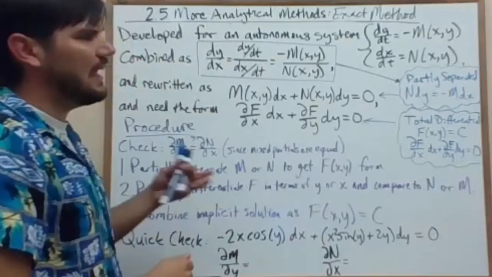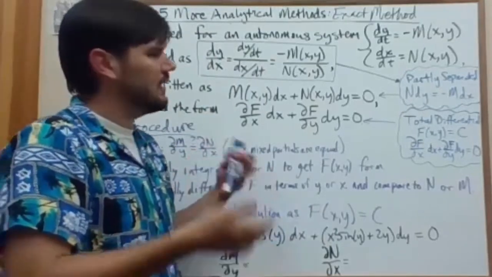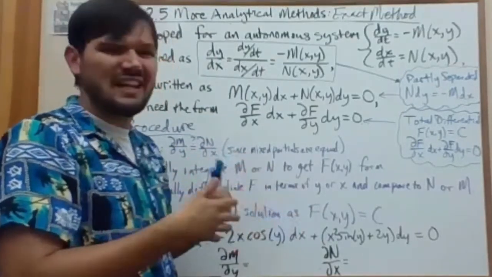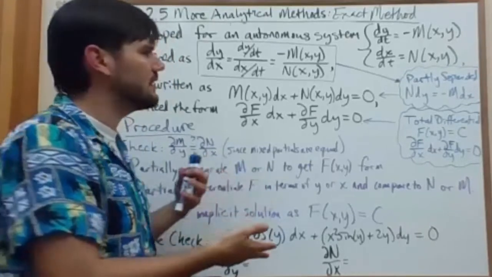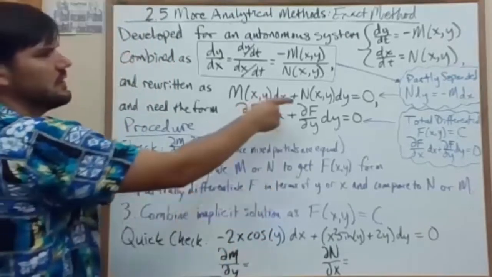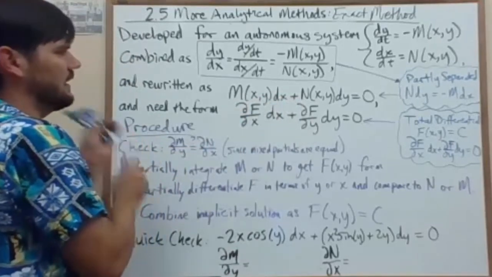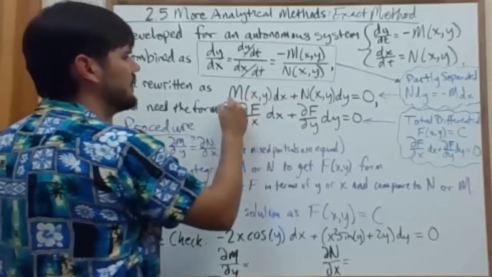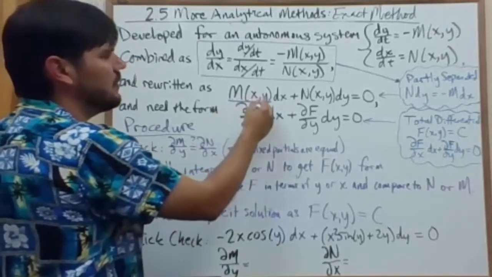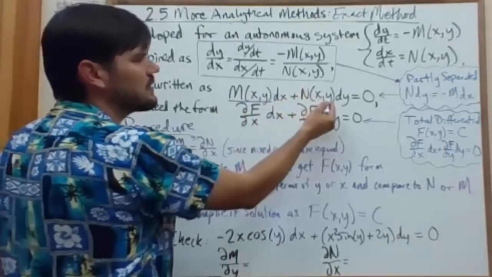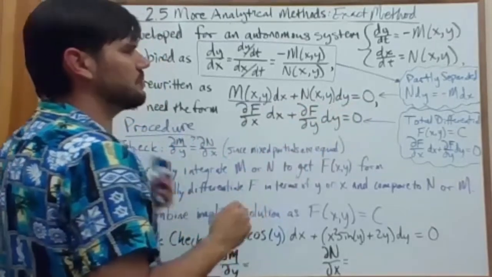But we end up with n as a function of x and y, and m as a function of x and y. They're not separated necessarily. So we bring them back together again. It's a little bit simpler in this form. And we have m of x and y dx plus n of x and y dy equals 0.